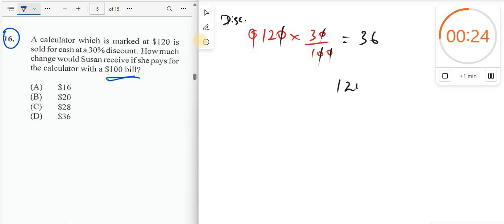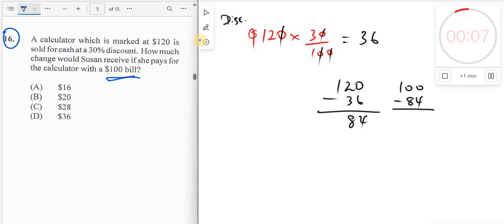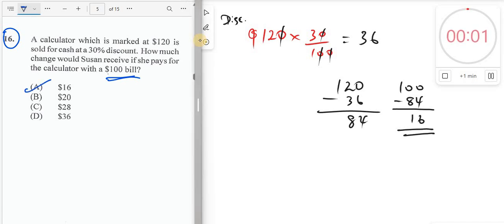You should have paid $120, but you're getting $36 off, and that will give us $84. Now, if you give the cashier $100, but the cost to you is $84, what's the change you'll be getting? $16. So the answer is A.